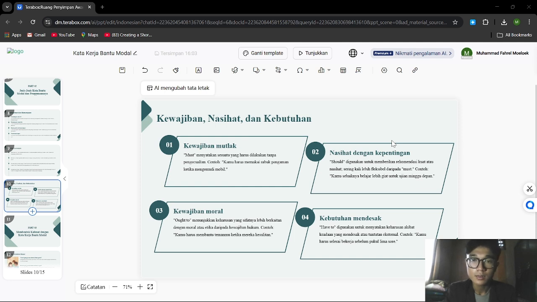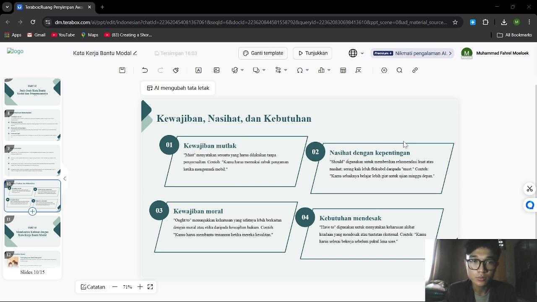Finally, let's look at how we express obligation and advice. Absolute obligation: use must for things that have no exceptions, like wearing a seat belt. Advice: use should for recommendation.